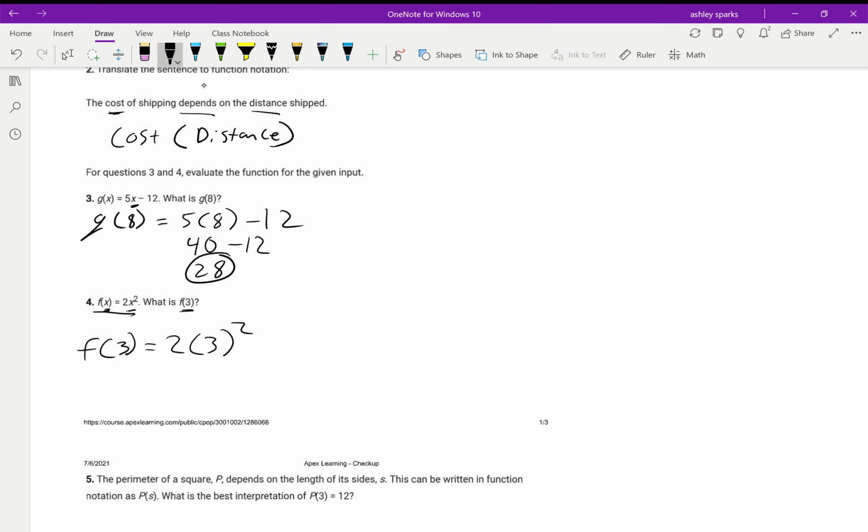So now I have 2 times 3 squared. If you've forgotten squaring something, it's just doing a number times itself. You can also use a square button in a calculator. But that would give you 2 times 3, or 2 times 9, which is 18 for a final answer.